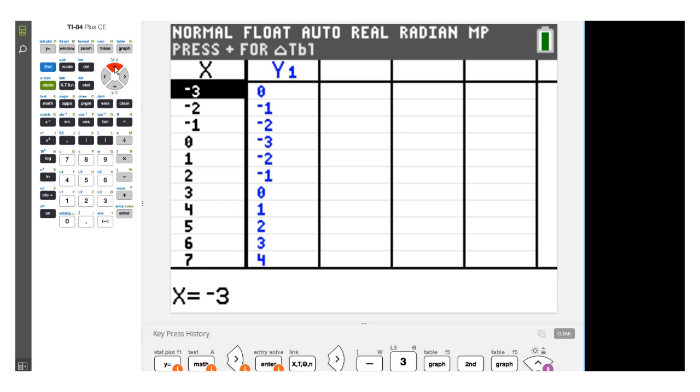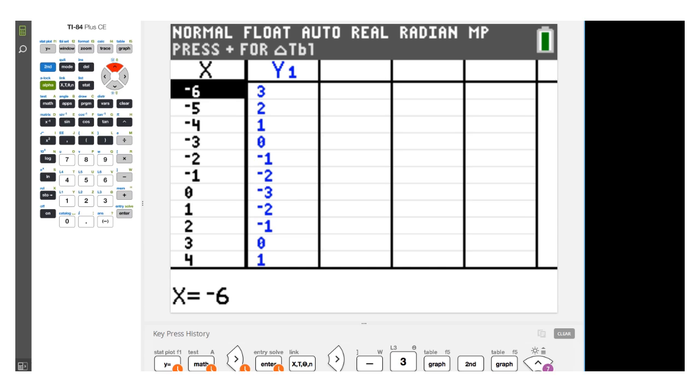So I'm going to look for the y values between -6 and 0. For -6 we have 3, -5 we have 2, -4 we have 1, -3 we have 0, -2 we have -1, -1 we have -2, and we already graphed 0, -3.